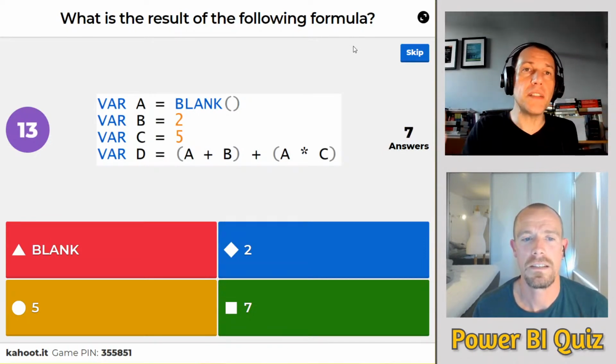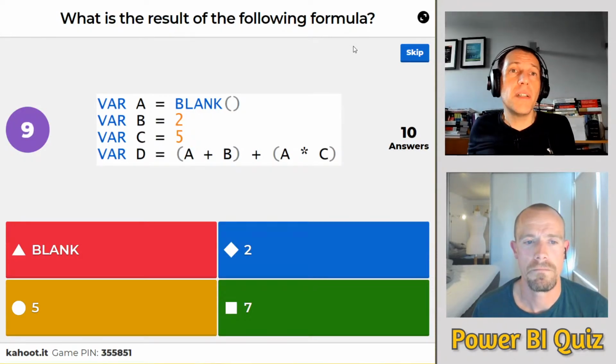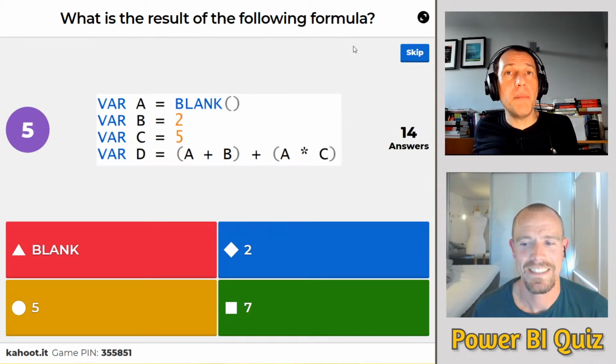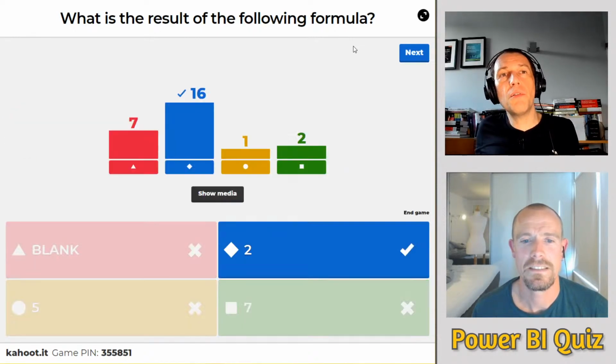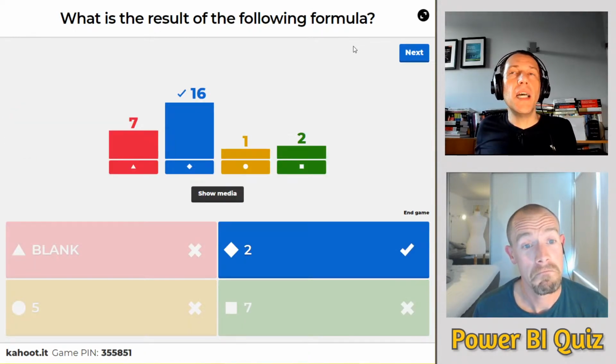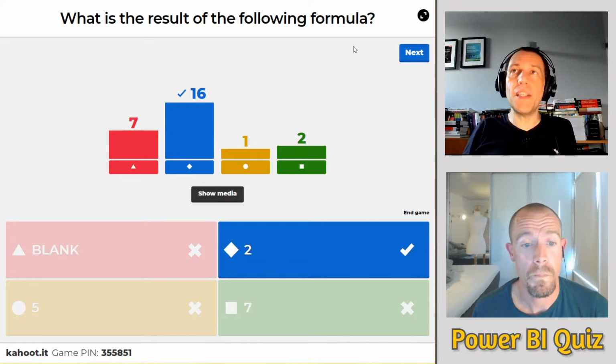If we write return D, what is the answer? I made a small mistake in writing this question. Sorry, guys. We want to know the result of D. And the answer is 2, which is the right answer.